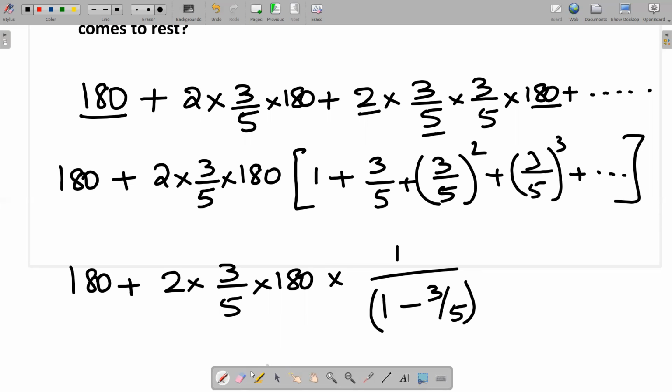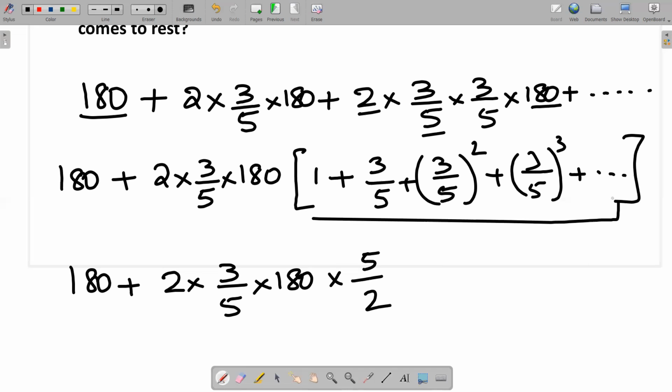That is equal to 2 by 5. This value in the denominator, when brought to the numerator, becomes 5 by 2. So this is 180 plus 2 into 3 by 5 into 180 into 5 by 2, because the sum to infinity value is 5 by 2.